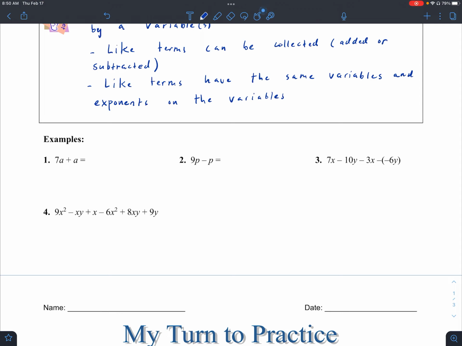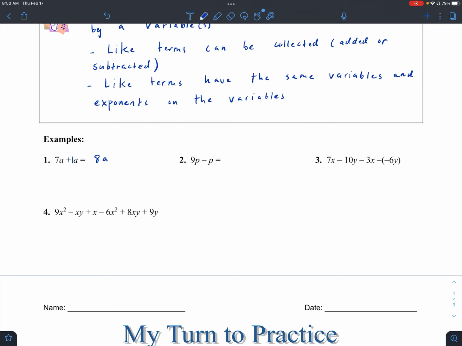So we have 7a plus a. That a that's on its own actually has a coefficient of 1. Just that coefficient doesn't have to be written. If it's 1, we don't have to write it. So 7a plus 1a is going to be 8a.